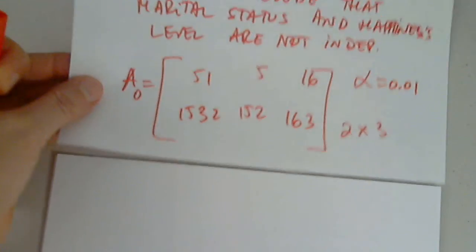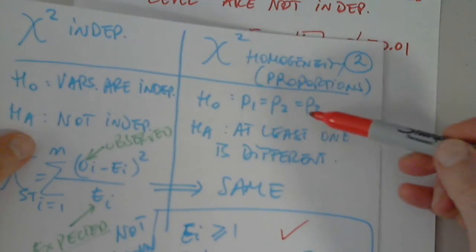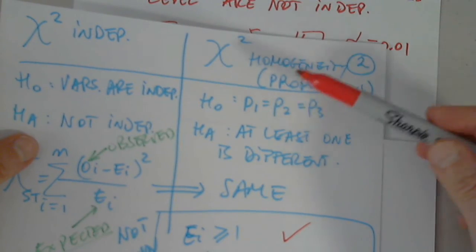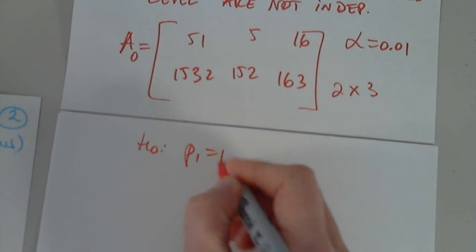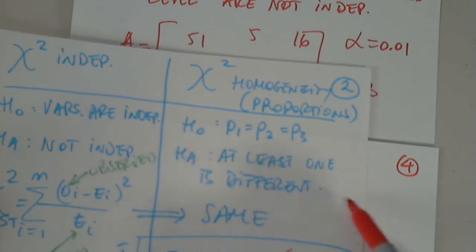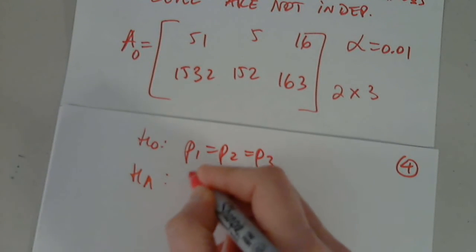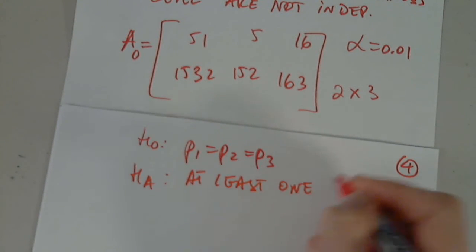So the null and the alternative for homogeneity of proportions are these. The null hypothesis, P1 equals P2 equals P3. The alternative hypothesis, at least one of them does not equal the other two. At least one is different.